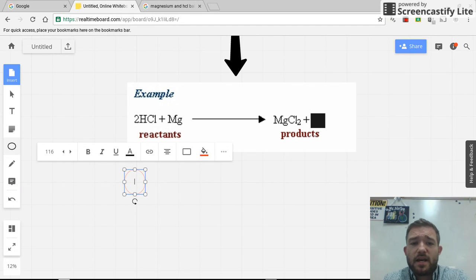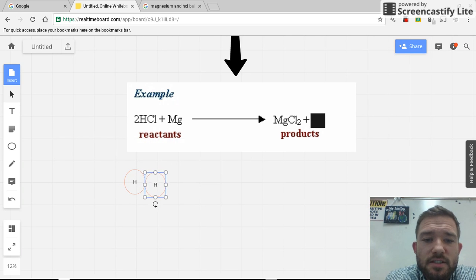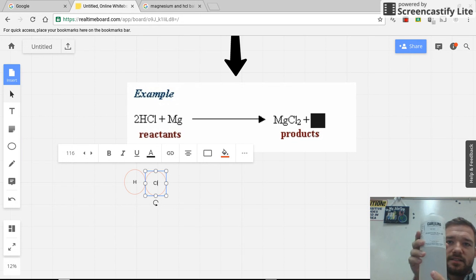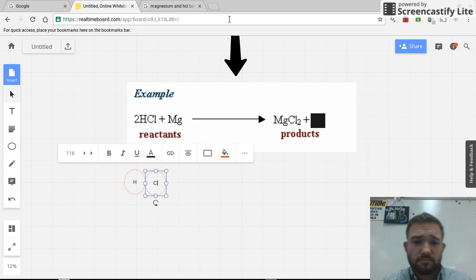I'm just going to represent that as one circle with an H. Copy and paste that. But it's not just H, and it's definitely not HH. It's HCl, hydrochloric acid. Again, hydrochloric acid, that's this stuff, okay?